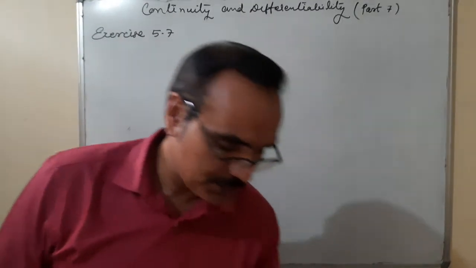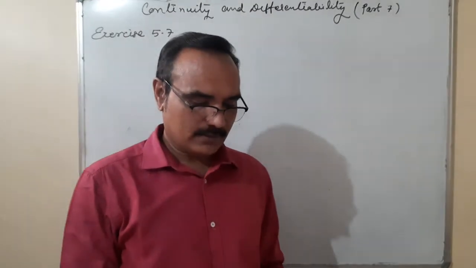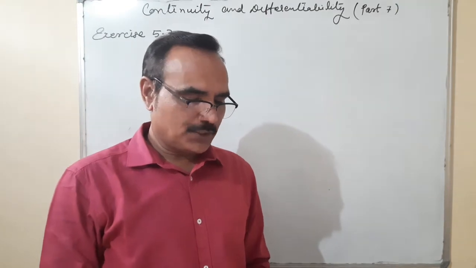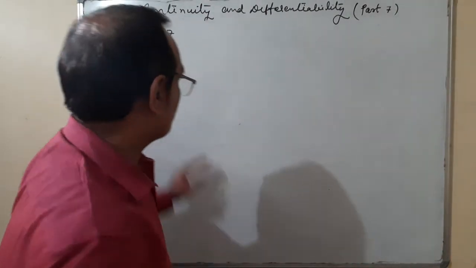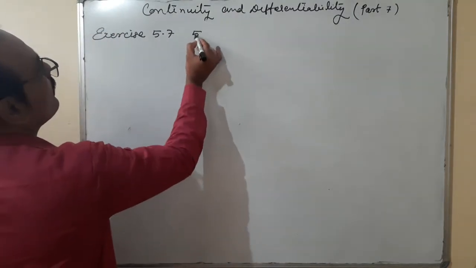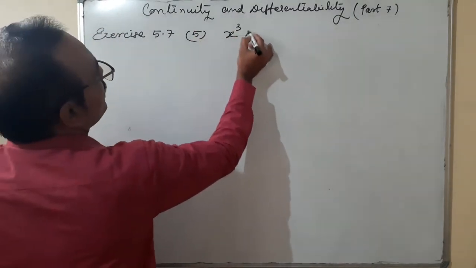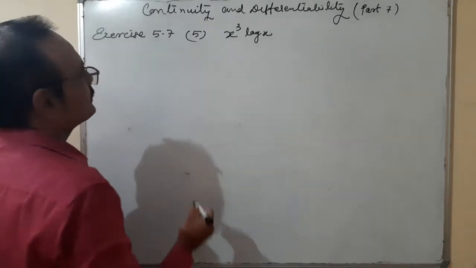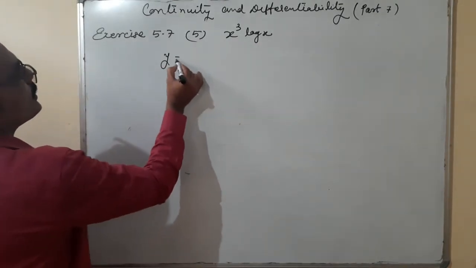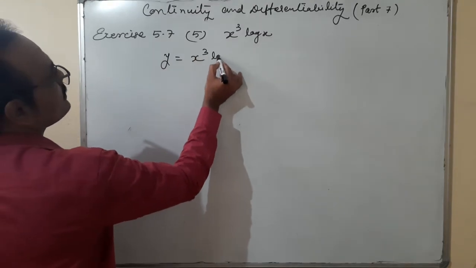I am taking question number 5: x cube log x. Second order derivative. So y is equal to x cube log x.